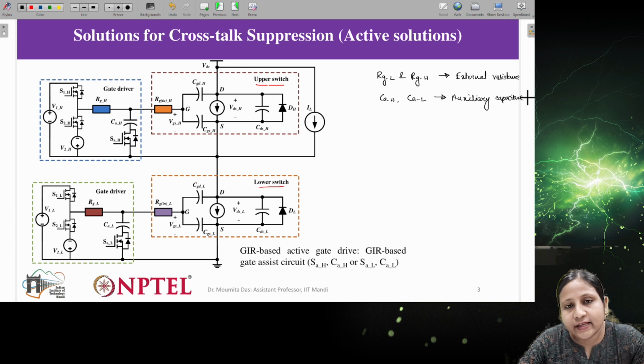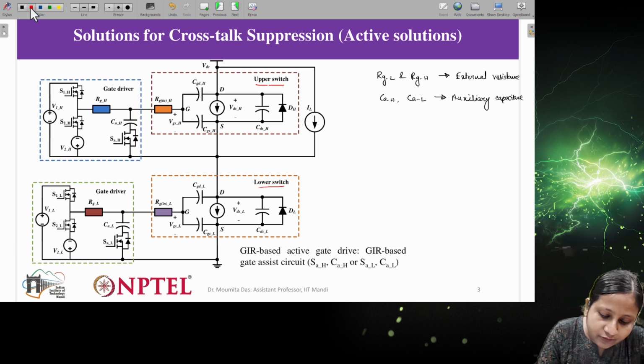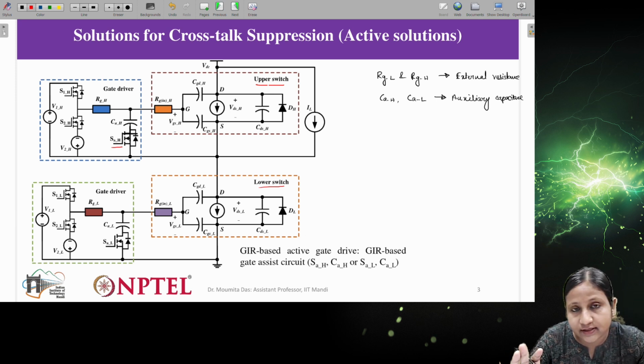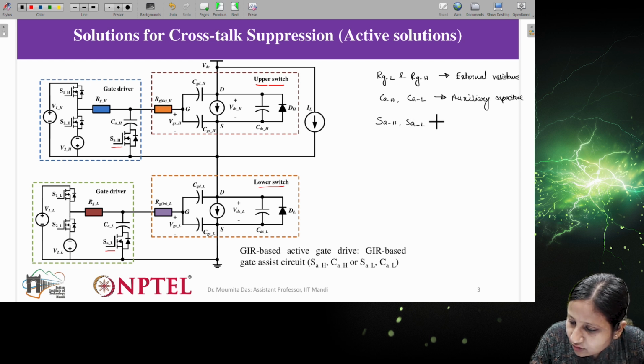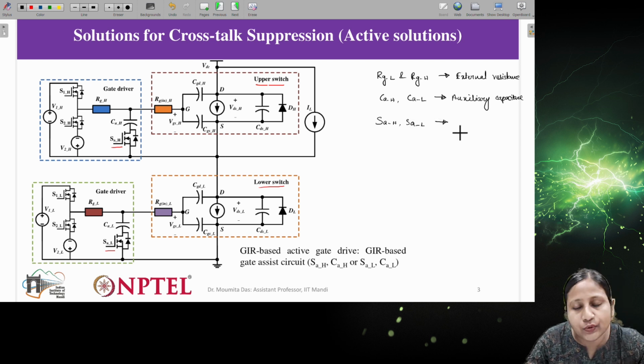Now these capacitances you have already seen in the passive kind of solution. We are also using them here, but the difference is that we are using two different switches, meaning with respect to each capacitance one switch is connected in series. As you can see, for the upper switch it is SAH, for the lower switch it is SAL. These two switches, SAH and SAL, you can call auxiliary switches.